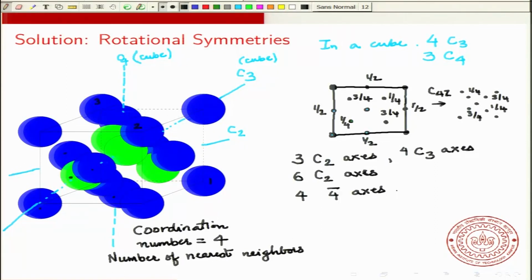So there are a total of 9 C2 axes, 4 C3 axes, and 4, sorry, it should not be 4, it should be 3. So there are 3 4 bar axes. So the four-fold rotation axes are actually inversion axes. So in the Hermann-Mauguin notation, you have 9 2s, these are 2-fold rotations.